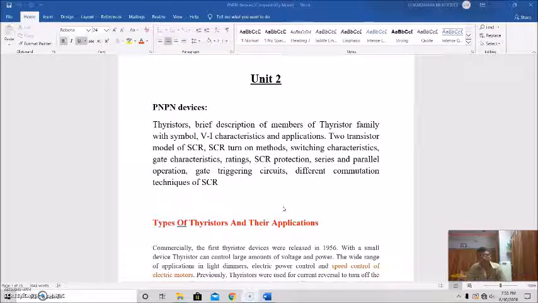So definitely, mostly it is all about SCR, which is the important family member of the thyristor family, and sometimes SCR means thyristor itself. So let us start with this.